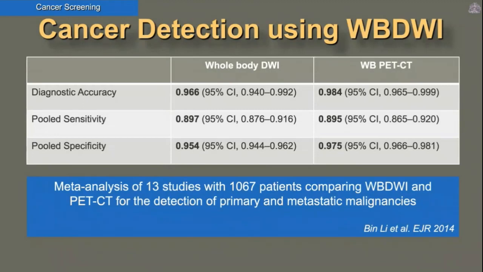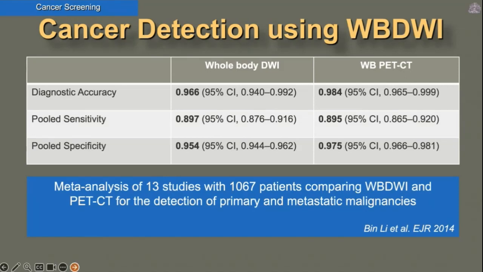So if we look at the meta-analysis of 13 studies involving over 1,000 patients that compared whole body MRI, or whole body diffusion weighted imaging, and conventional FDG PET-CT for the detection of primary and metastatic malignancy, so these are patients with known disease, and we subject them to comparing whole body MRI and FDG whole body PET-CT, you can see that the diagnostic accuracy, the pooled sensitivity and specificity, are extremely similar, meaning to say that whole body MRI using diffusion weighted imaging performs as well as FDG PET-CT in the detection of malignancy.